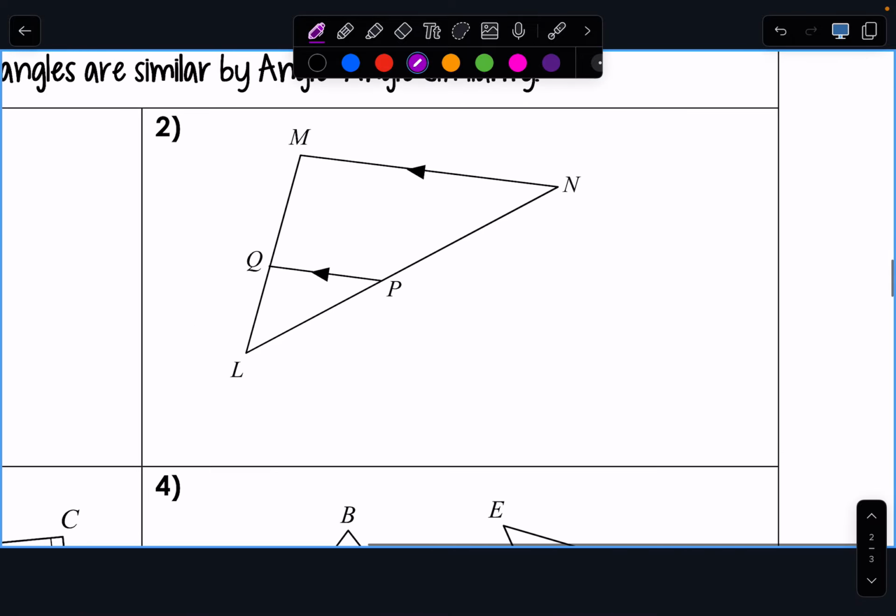Now, number 2 is interesting. We have parallel lines again, but what kind of angles are going to be important in this set? Corresponding. So we have these two corresponding angles. We have these two corresponding angles. So we can say that triangle, if I call it LPQ, what would I have to call the next one?